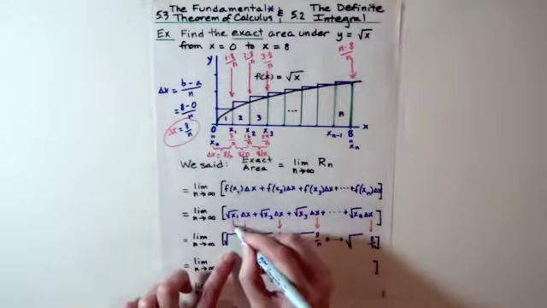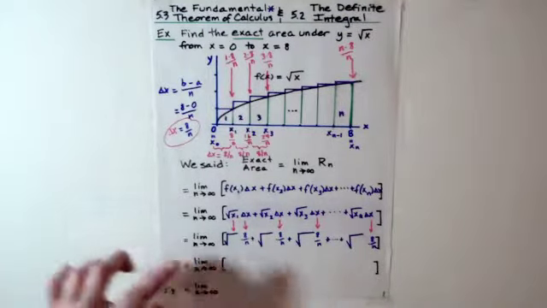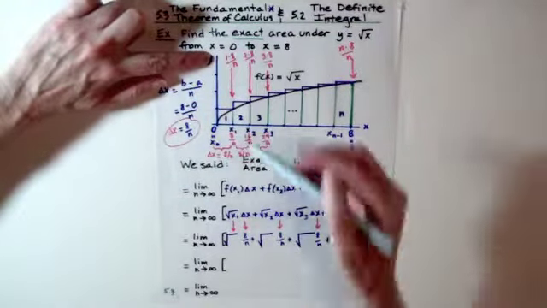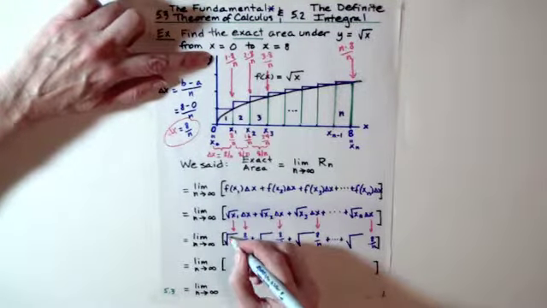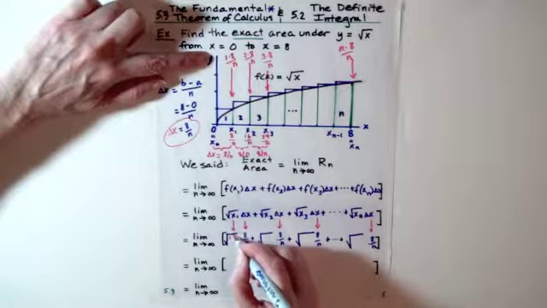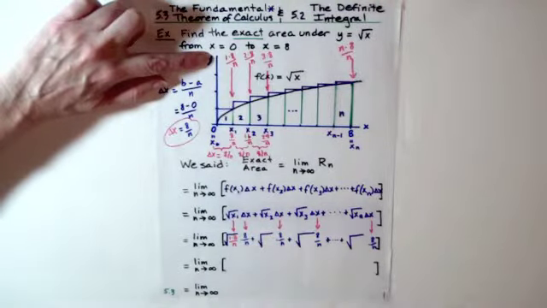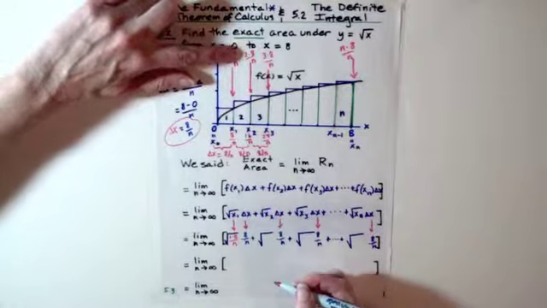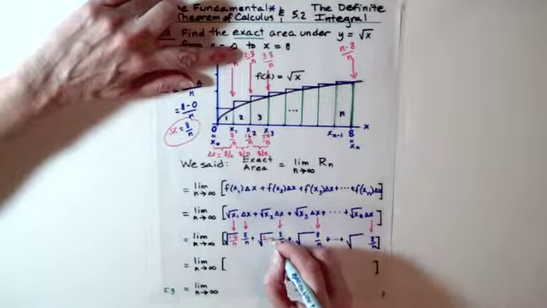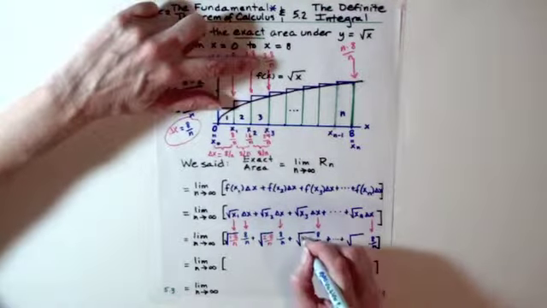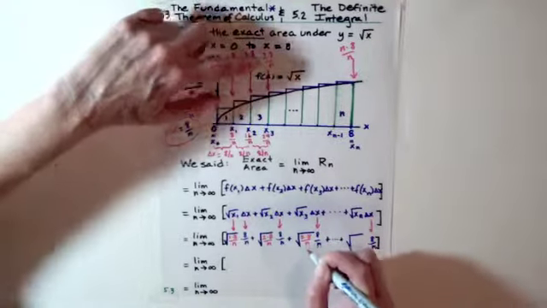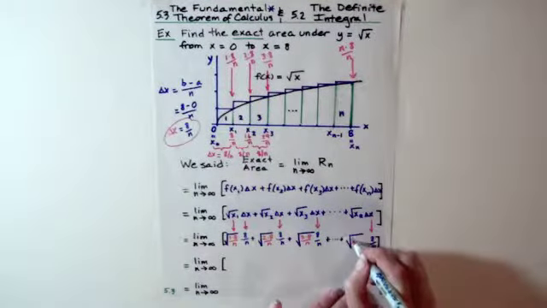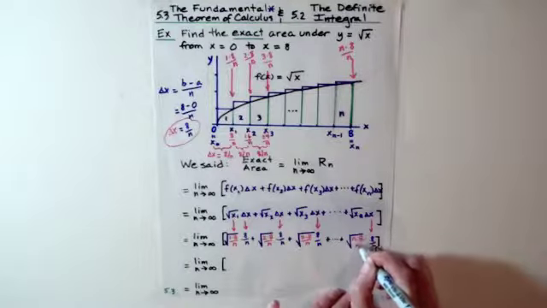But now I want to write what my x1 is in terms of n, and we said right up here that x1 was 1 times 8 over n. I'm going to leave it in that kind of funny unsimplified form, 1 times 8 divided by n. And our x2 was 2 times 8 over n. And our x3 was 3 times 8 over n. And our xn was n times 8 over n.